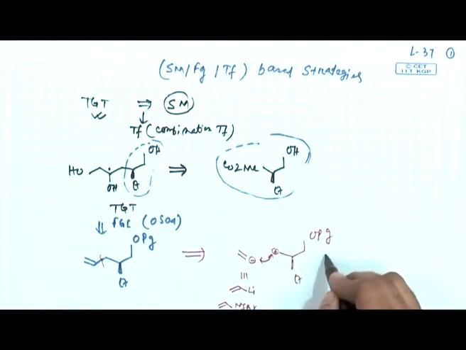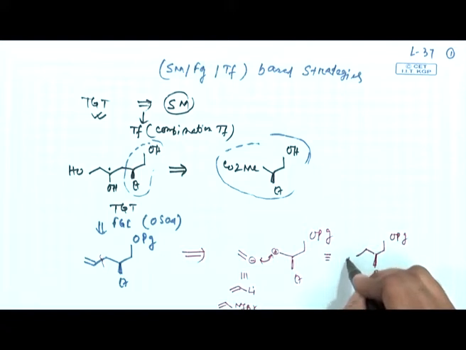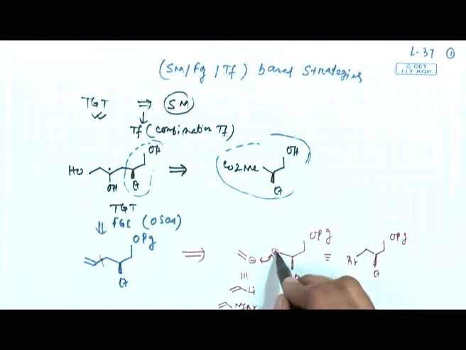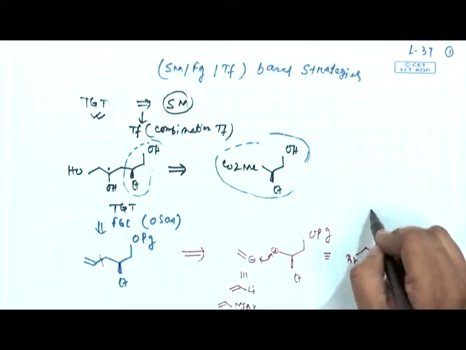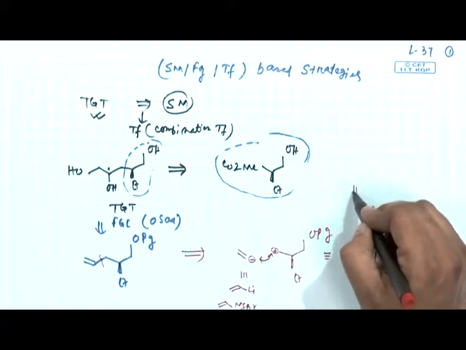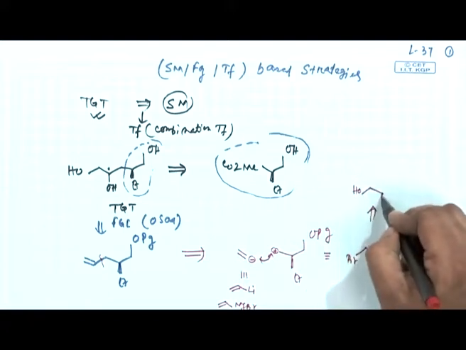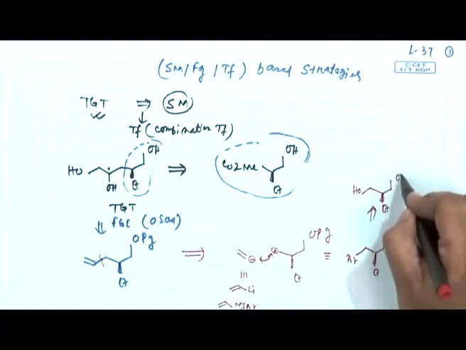Now, this particular fragment we will visualize in this way. If you have a compound like CH2Br or CH2I, which you can visualize as CH2 plus, the remaining part is all similar. Now, try to correlate this, how this bromo you can easily prepare through the corresponding alcohol.